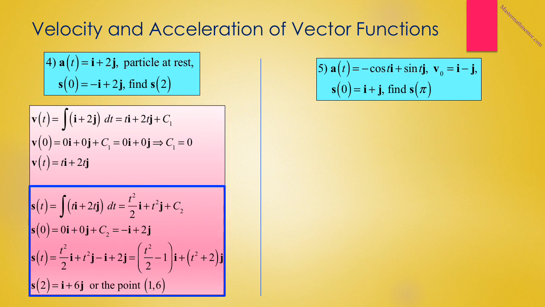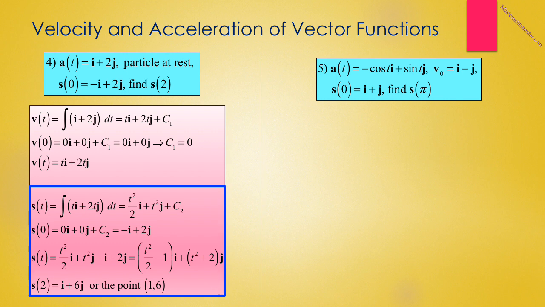We now integrate to get our position s. So s(t) equals the integral of ti + 2tj dt, which is t squared over 2 i + t squared j + c2. Plugging in 0, we get 0i + 0j + c2 has to equal our particle's initial position, which is negative i + 2j.